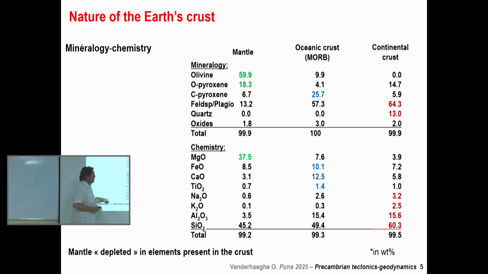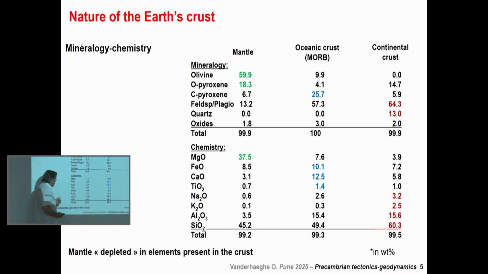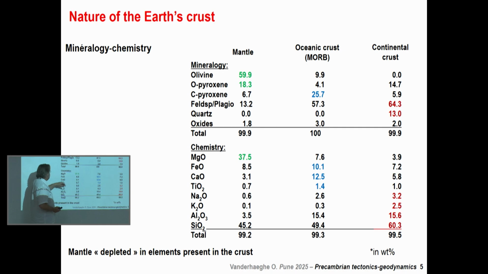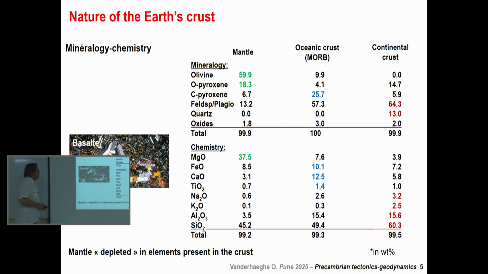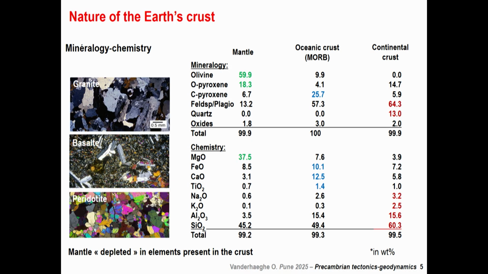And these elements are these ones: all the mobile elements, the alkaline elements, potassium, sodium, somewhat aluminum, and sodium relative to calcium, iron, and magnesium. And of course, SiO2. From a peridotite, magma extraction will lead to a basalt and to a granite.